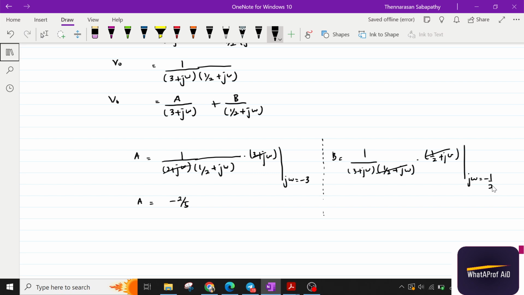So substitute the j omega as negative 1 over 2 here. So finally you'll get b equals to 2 over 5.